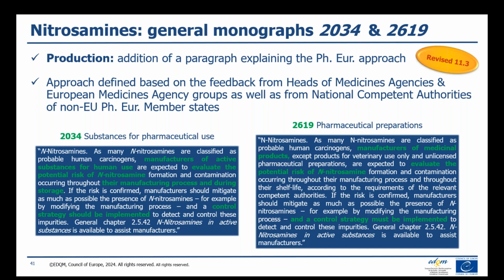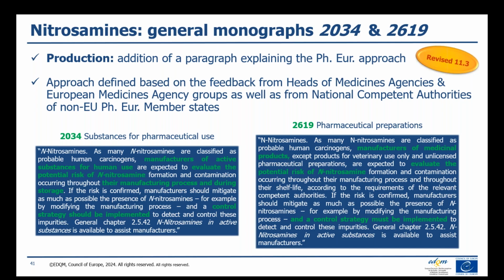In fact, we say that the manufacturers of the substances for human use are expected to evaluate the potential risk of nitrosamine formation and contamination, which may occur during the manufacturing process and during storage.